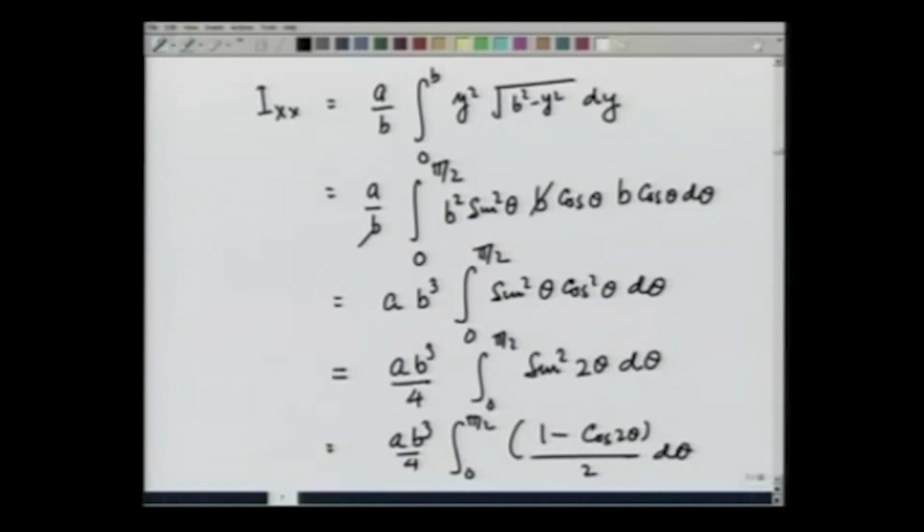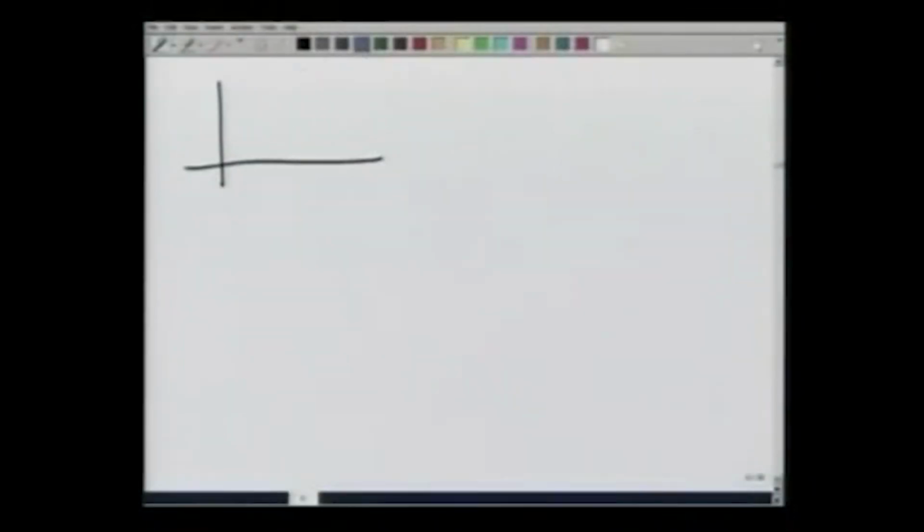Doing this integral, when we integrate cosine 2 theta, that gives me 0, and the first integral is going to give me pi by 4, and therefore I get, for this shape where this is a, this is b, Ixx equals pi a b cubed over 16.